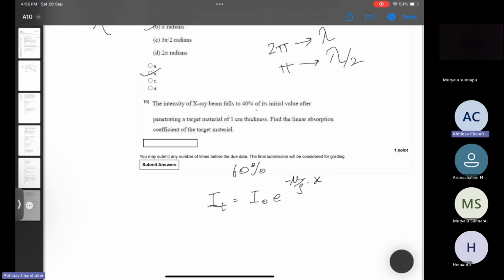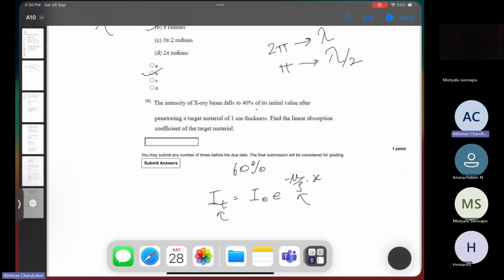So as the mass absorption coefficient increases, the transmitted beam intensity decreases. Let's look at the exact formula.